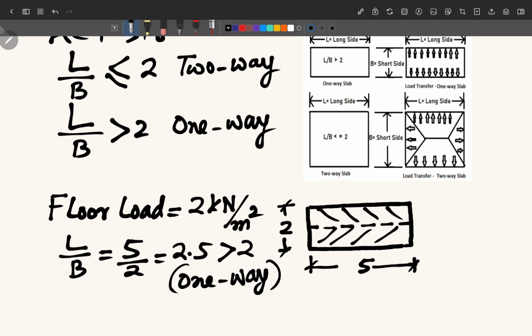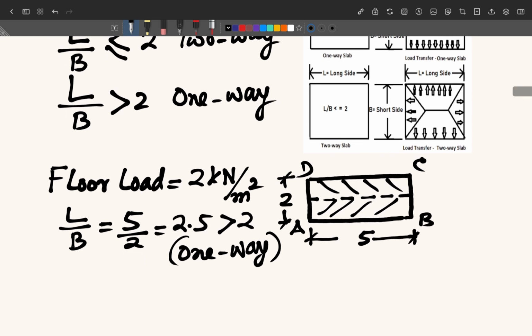And the load which is coming to these long beams, suppose this is A, B, C, D. So in this case, AB and CD are the long beams and AD and BC are the short beams. So as I mentioned, the load will come only to the long beams and the short beams will not take any load. Now how much load will come to AB? That we can calculate according to this.